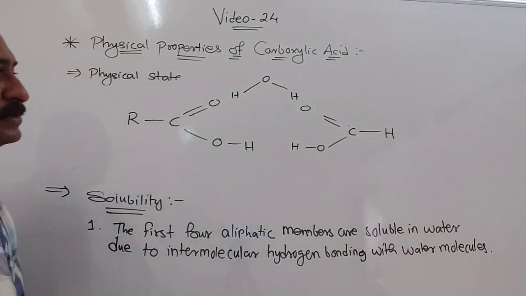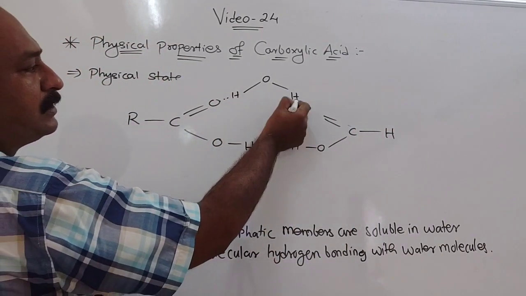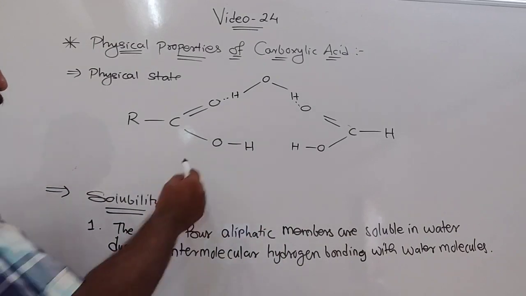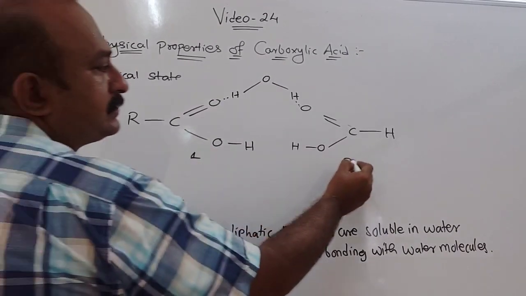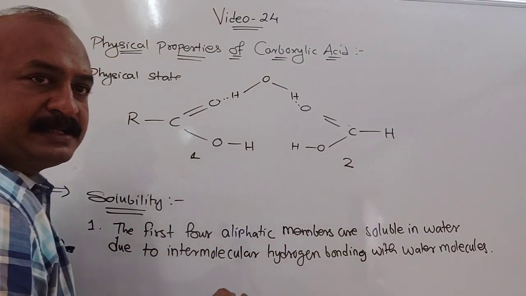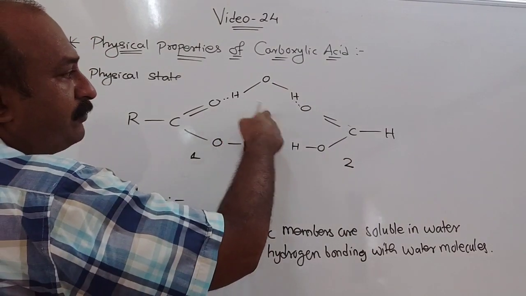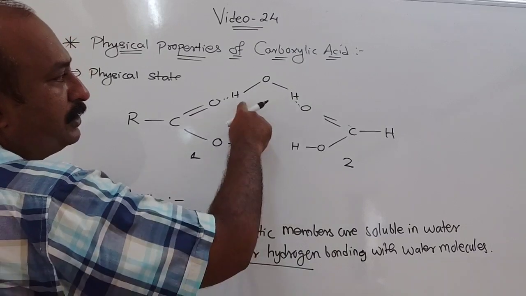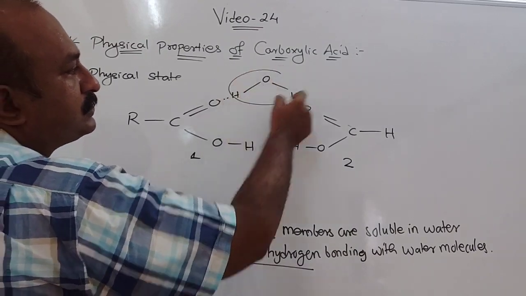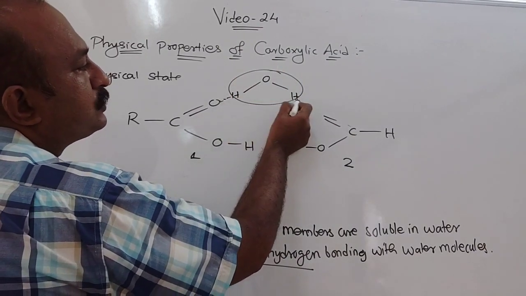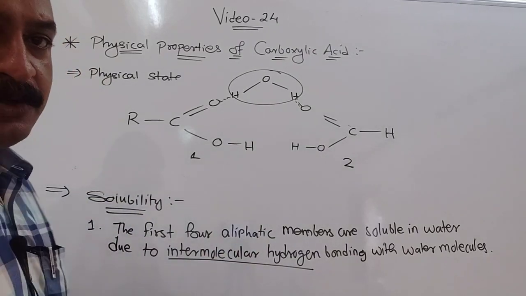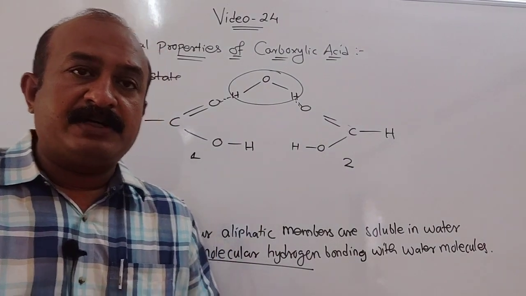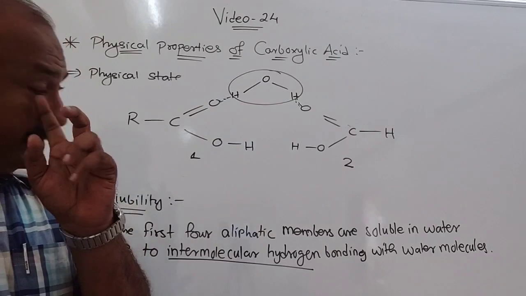Okay, so this is the carboxylic group. Between this water molecule and these two molecules, molecule 1 and molecule 2 of carboxylic acid, they form intermolecular hydrogen bonding with the water molecule. This is your water molecule and this dotted line shows the intermolecular hydrogen bond. So this is the reason why the first four members are soluble in water.